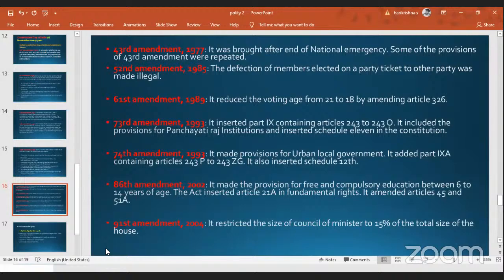Then the 74th Amendment in the same year, 1993, made provision for urban local government. It added Part 9A containing Articles 243P to 243ZG. So these all are the articles.